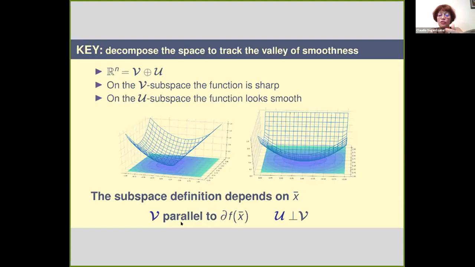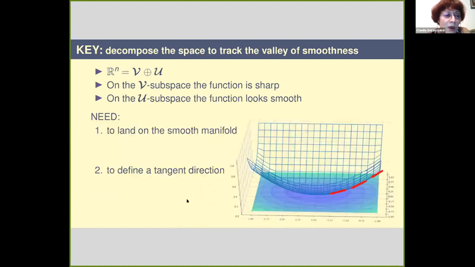You have to get out of this ridge of non-smoothness to see that there is a sharp change there. So parallel to the subdifferential, all this non-smoothness is concentrated locally. This is local analysis, and the subspace perpendicular to this V subspace is the U subspace, what we are looking for. Good.